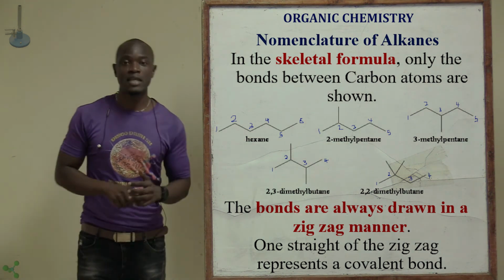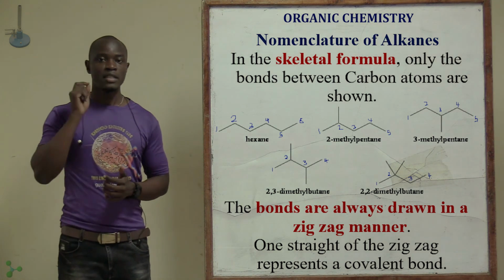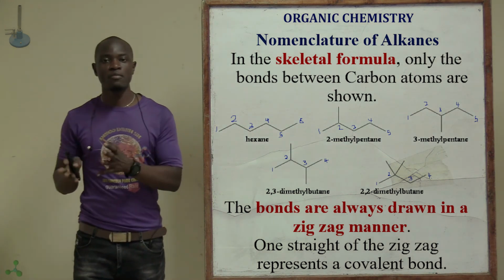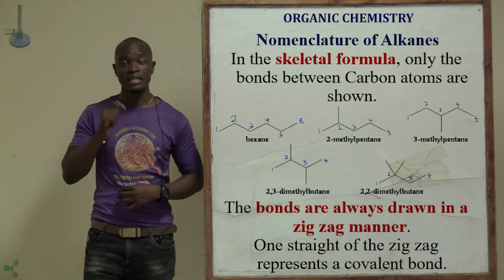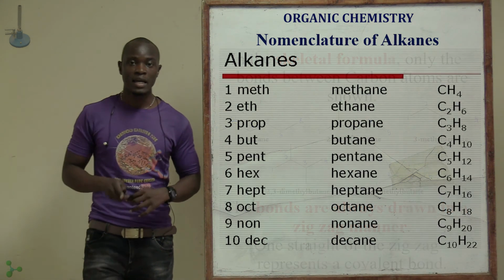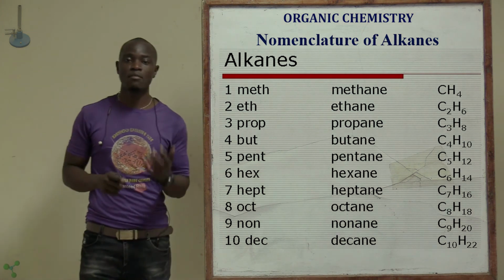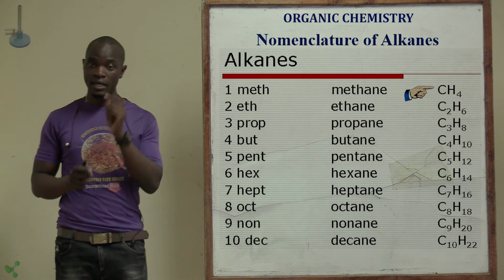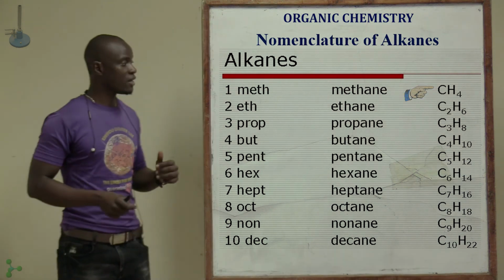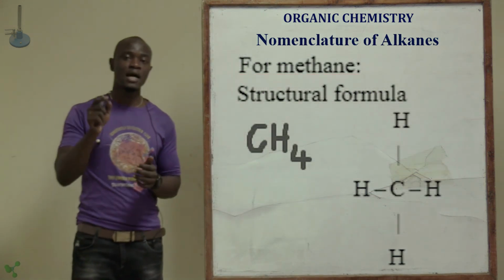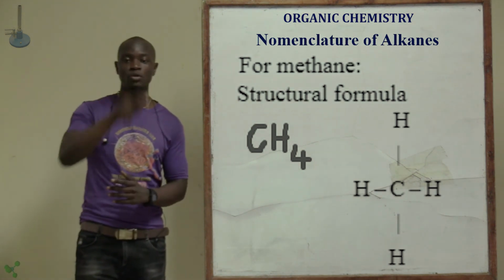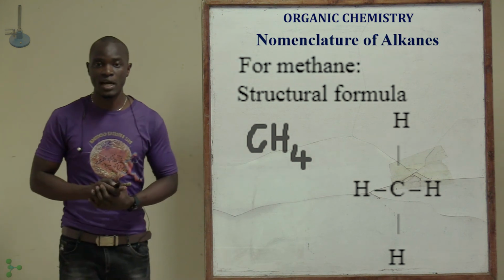Apart from that, a molecular formula shows the elements present in the chemical formula of this structure. Like for example, the molecular formula for methane is CH4. And then the open structural formula is like you have opened the structure, 1 carbon, and then show the position of the hydrogen atoms.